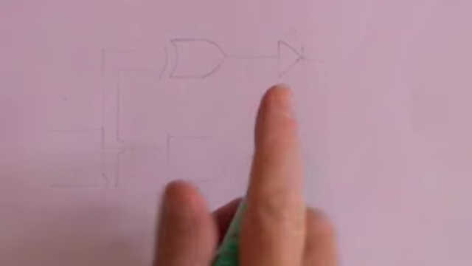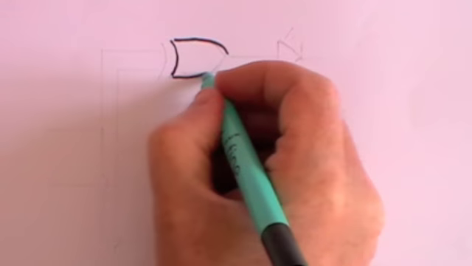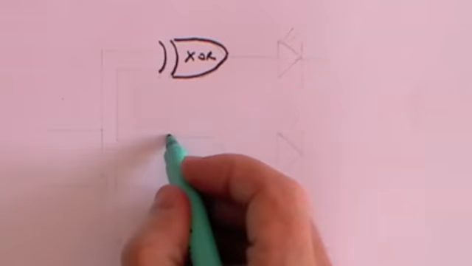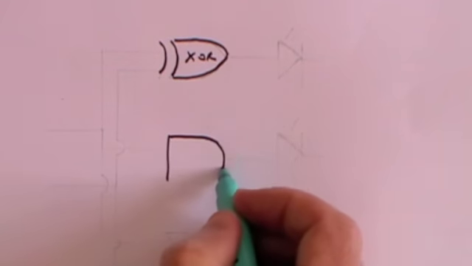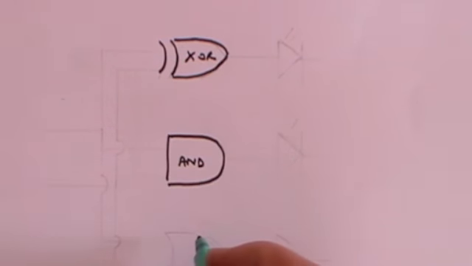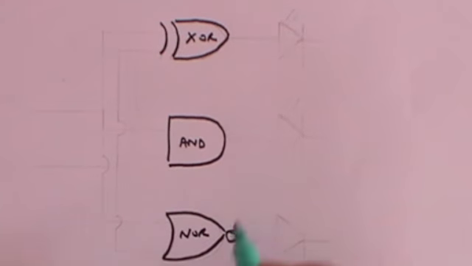We're going to have an XOR gate here. We're going to have an AND gate here. And we're going to have a NOR gate here. Let's just move that up so you can see it.